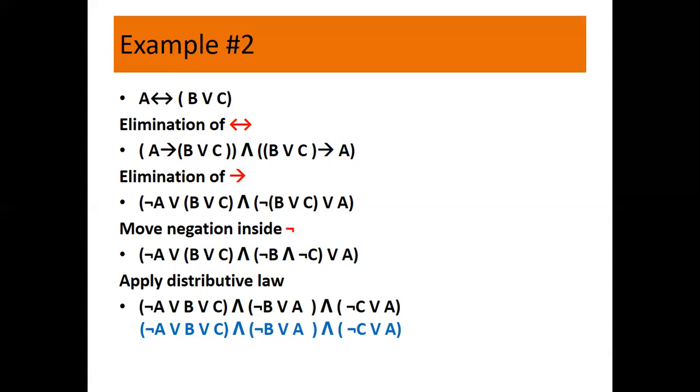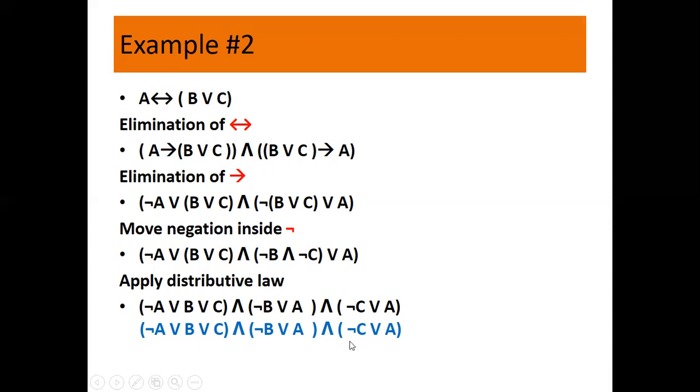Fine. Now again, if you look carefully, with a literal we again have a disjunction, but what we want is conjunction. So we'll apply the distributive law. Now when you apply the distributive law, what do you get? Negation of A or B or C, right? This whole bracket is made one, and negation of B or A, and negation of C or A, right?